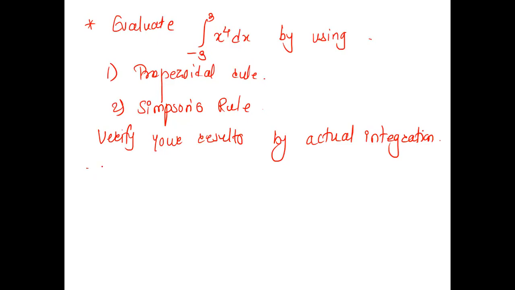First thing is we'll need some function f of x here. So what is f of x here? You will compare with integration a to b f of x dx. x raised to 4. Right, f of x is here x raised to 4. Call it y. So y is f of x.